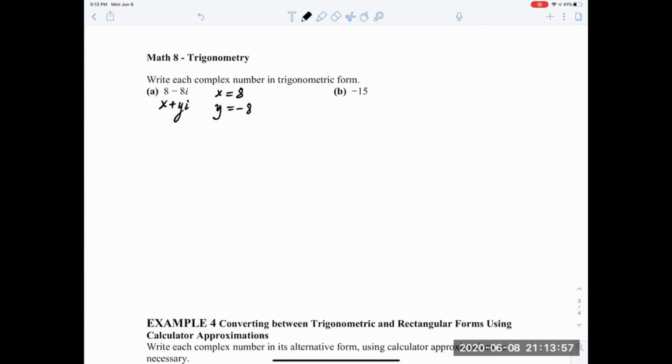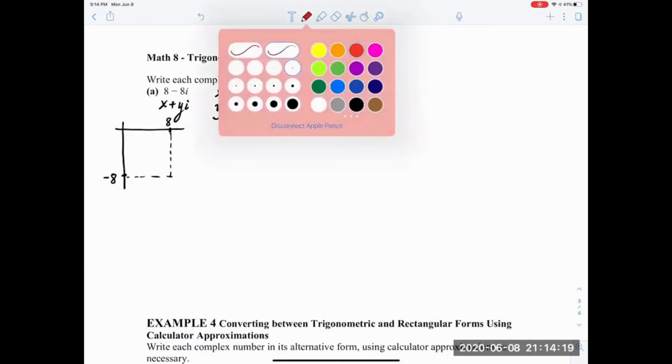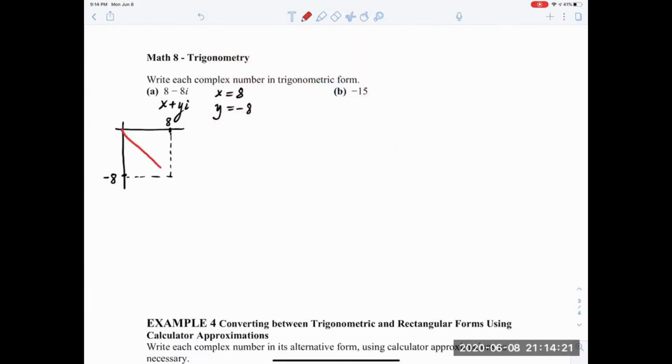Now you can actually determine the quadrant. As you can see, x is positive, y is negative. This is quadrant 4. So I'm going to make a little sketch right here. And I know this is going to be in a square format because they are both 8s. So here's 8 and negative 8. And if you are to draw the vector, remember, from the origin to the endpoint, this one has the coordinates 8 and negative 8.